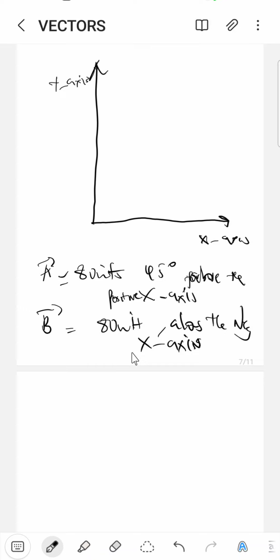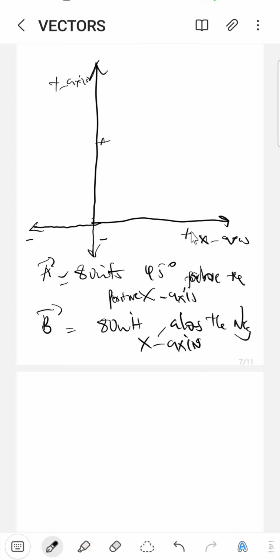Okay, this is your negative side, this is your positive side, right? 8 units, 45 degrees above the positive x-axis. Where is your positive axis?